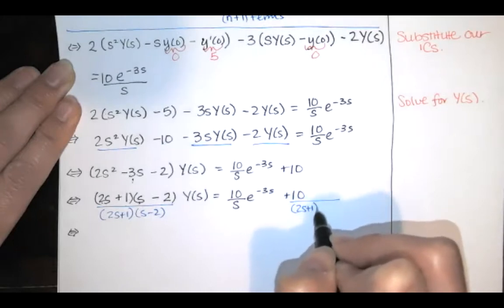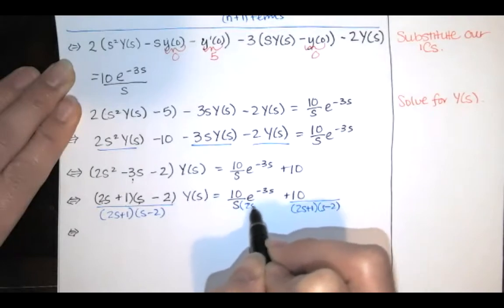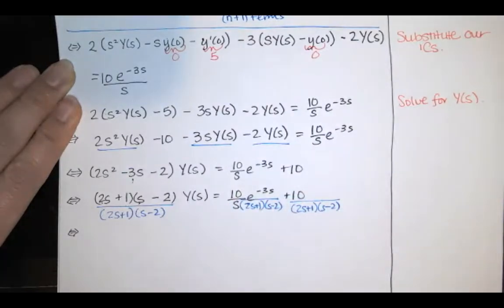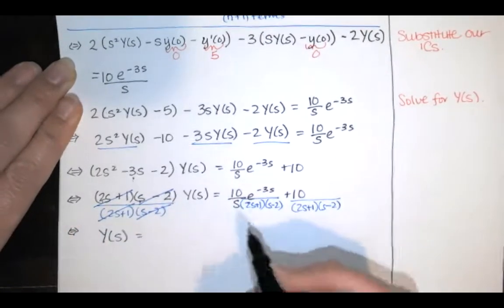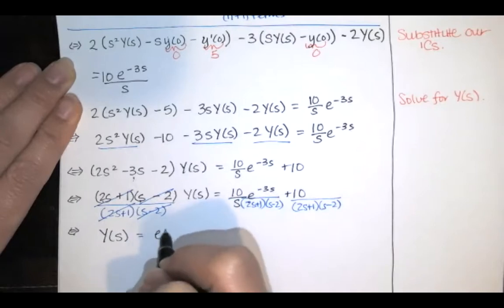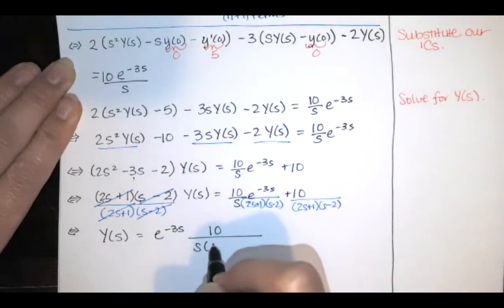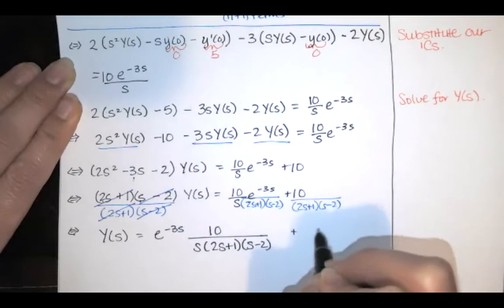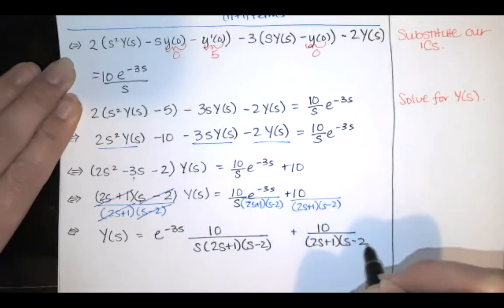So I'll have 2s plus 1 times s minus 2 here, and then a 2s plus 1 times s minus 2 over there as well. And over here, we've got that. So we just have y of s, and that equals e to the negative 3s times 10 over s times 2s plus 1 times s minus 2, plus 10 over 2s plus 1 times s minus 2.